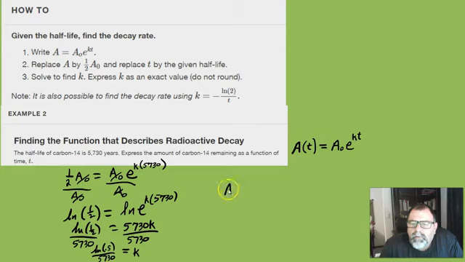So our equation would be A sub 0, for our initial amount, e to the ln of 0.5 divided by 5,730, sorry, times t.